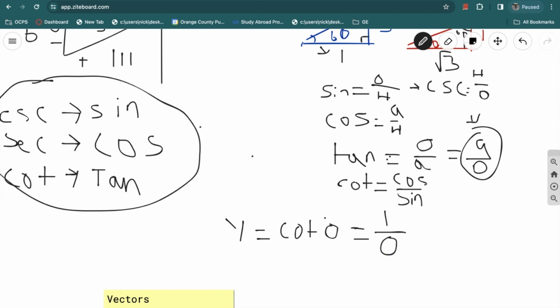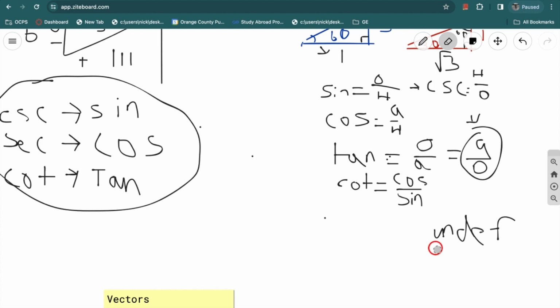Now you can't divide by 0, so this is going to equal undefined. So you gotta be careful, you gotta know what is what in terms of pi and in terms of sine and cosine.